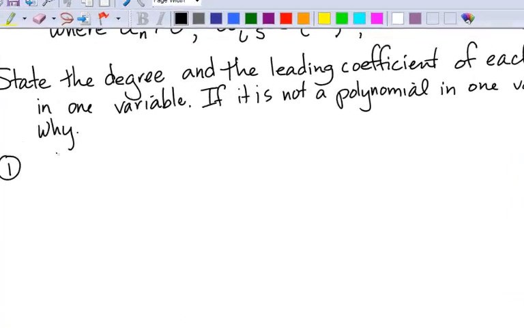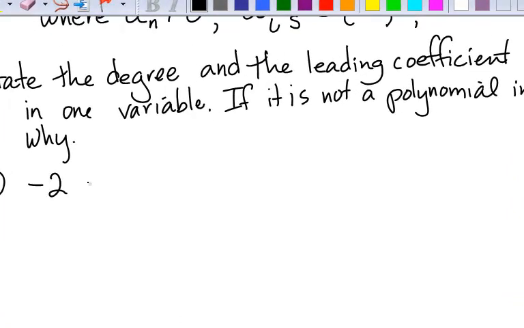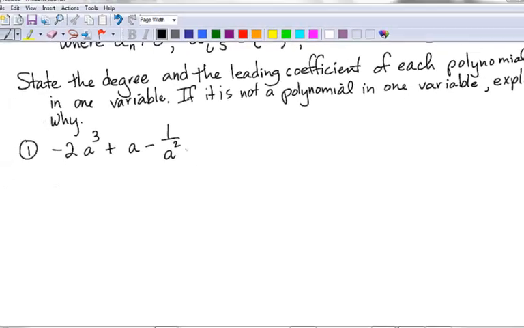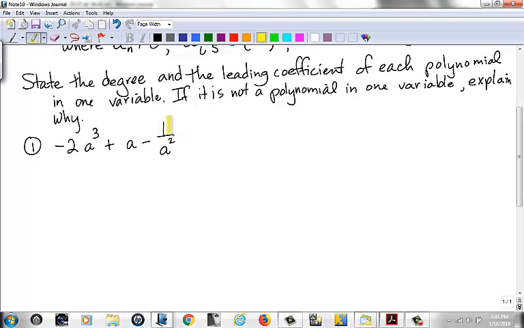Okay, so if I gave you -2a to the 3rd plus a minus 1 over a squared. First, is that a polynomial expression in one variable? How would you rewrite that term? Bring that a up, and it'd be a to what power?